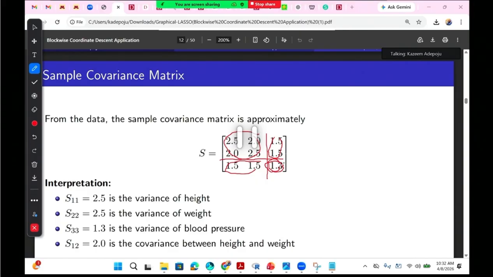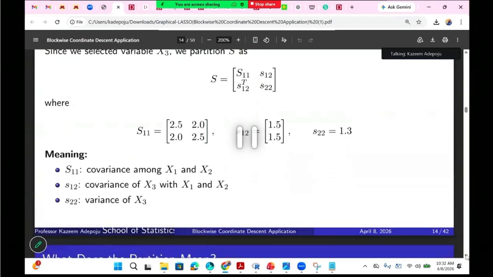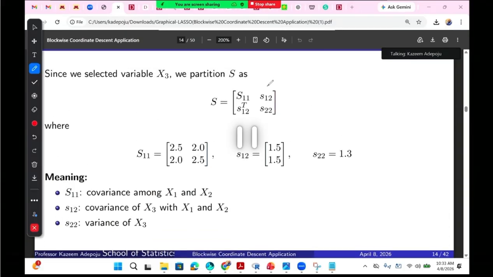That 1.3 is the variance of the variable that I'm focusing on right now. I'm focusing on S3, right? And that was why, please pay attention, you now see what I'm doing here. I'm trying to explain here. Take a look at that.